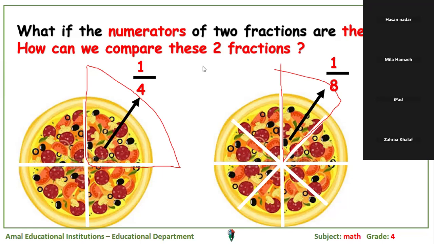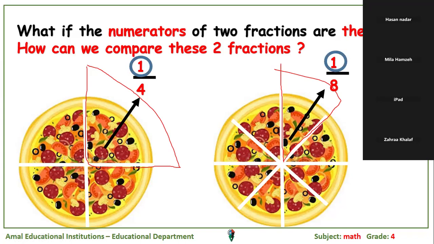So this is my lesson today. If we divide into a small number of parts, the size of the piece will be bigger. What is the meaning of dividing into a small number of parts? It means the denominator is smaller. Here we have 1/4 and 1/8, with the same numerators.